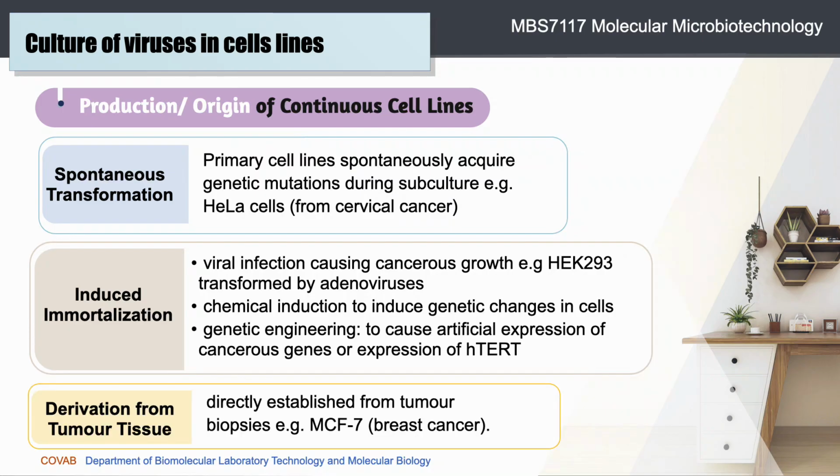Or we can derive them from tumor tissues or cancerous tissues. So we can derive them directly from a cancerous tissue, such as the MCF-7 cell line that has been obtained from breast cancer.